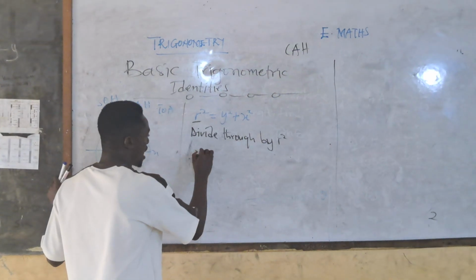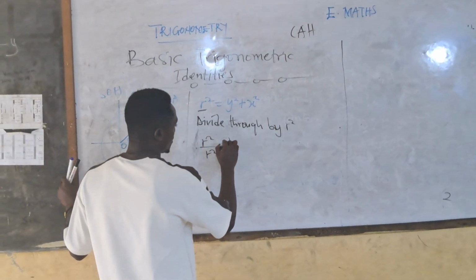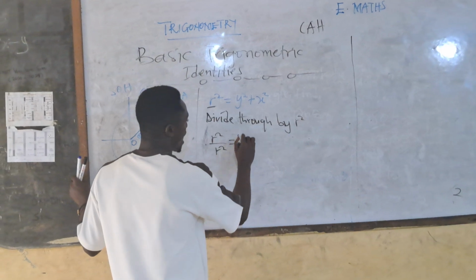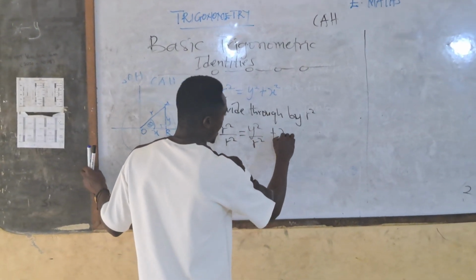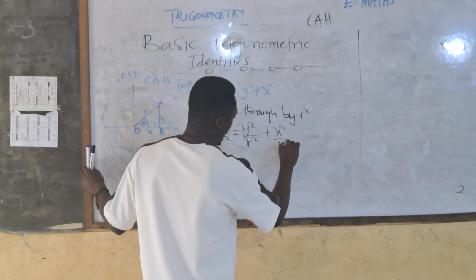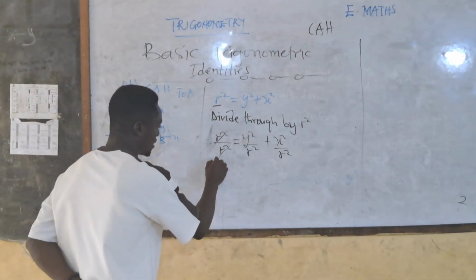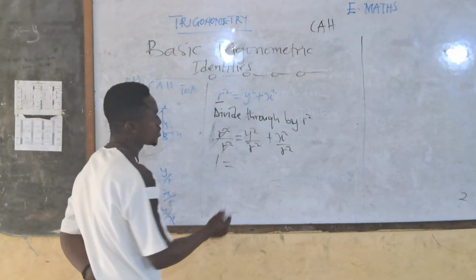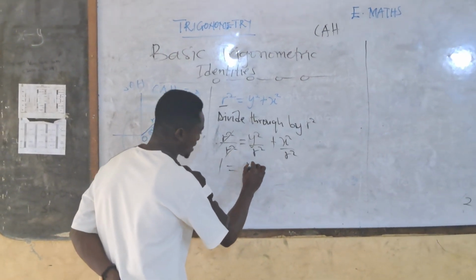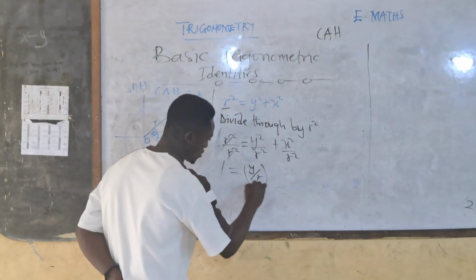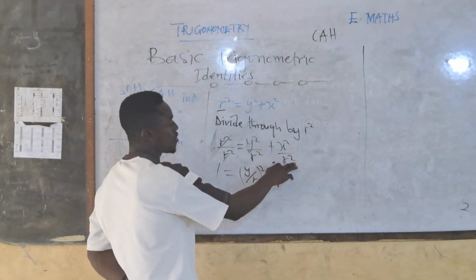So we are going to have r squared divided by r squared equal to y squared over r squared plus x squared over r squared. As you can see, r squared will cancel itself, giving 1 equal to y squared over r squared plus x squared over r squared. We can still write it as y over r, all squared, plus x over r, all squared.